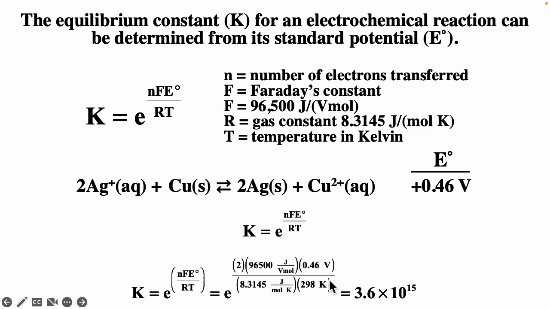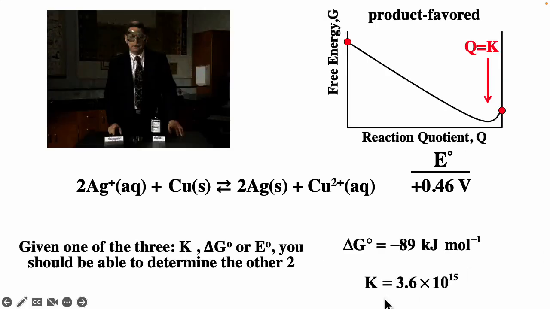Times 298, so Kelvin cancels. And there should be a mole in the 2, so the moles would cancel. And remember, everything to the power of something else should be unitless. And so notice also the volts cancel. And if we plug that in, we get 3.6 times 10 to the 15th. And so we saw that we had a positive potential, we have a negative delta G naught, and a K greater than 1. Those all mean spontaneous reaction.